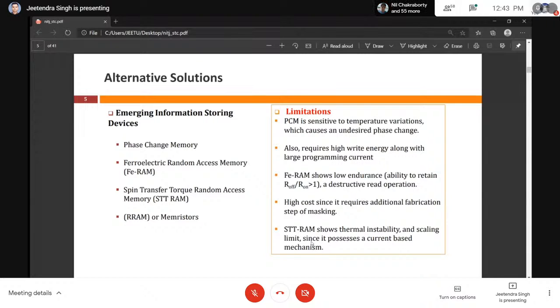memory. In the phase change memory, the low resistance state, LRS, and high resistance state, HRS, are sensed by sensing the crystalline and amorphous states of the chalcogenides. The chalcogenide is the material.